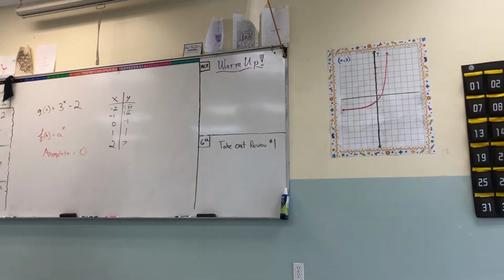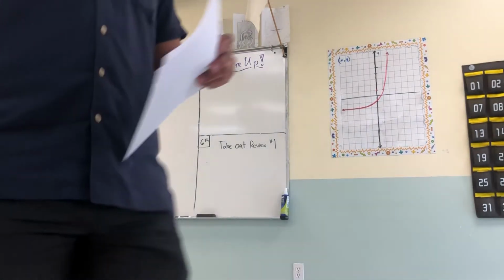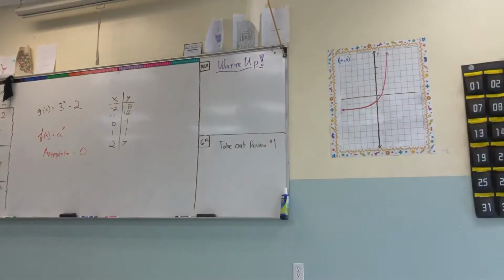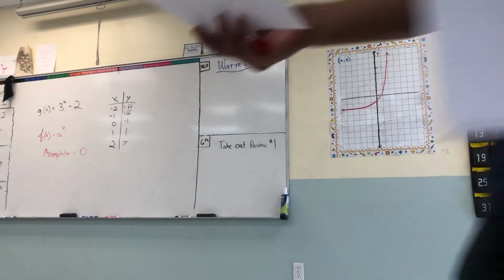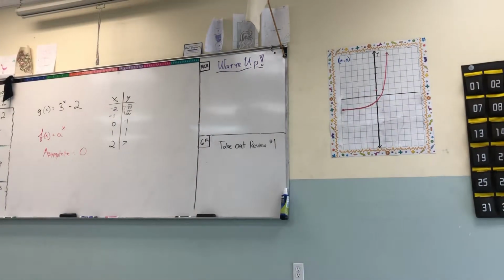Okay, let's look at your parent functions. Does anyone have their parent function papers? We can share one if you want to. All right, the parent function paper tells you what? Let's look at the exponential one.